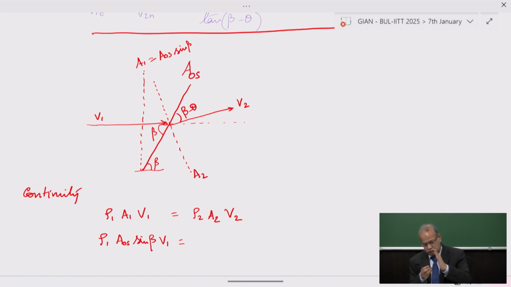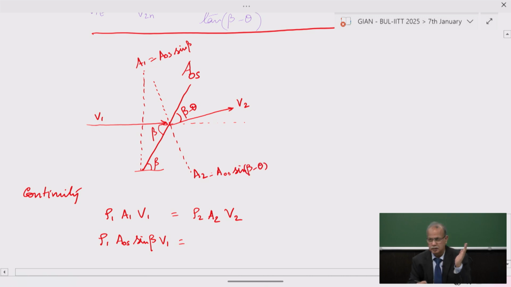If this hand is the oblique shock, this is the flow, and this is beta minus theta, then the cos of the included angle is tangential, and the sine of the included angle is normal. So here A2 is A of the oblique shock sine (beta minus theta).